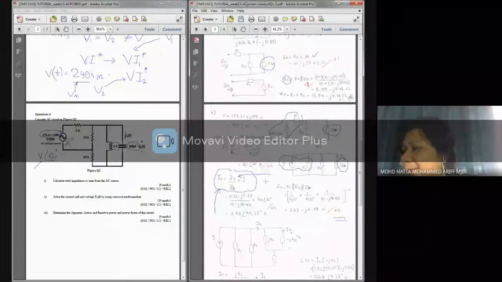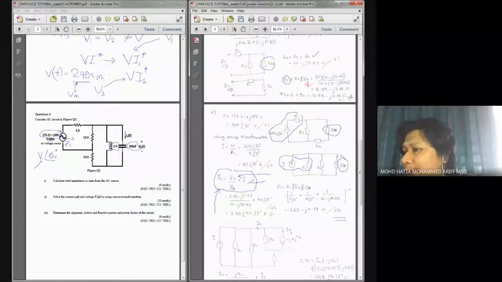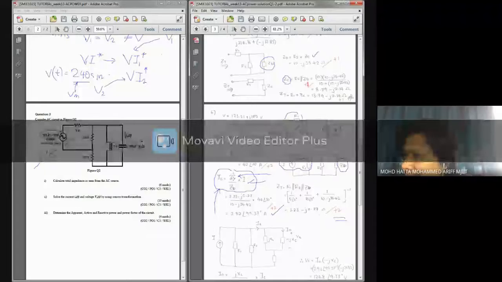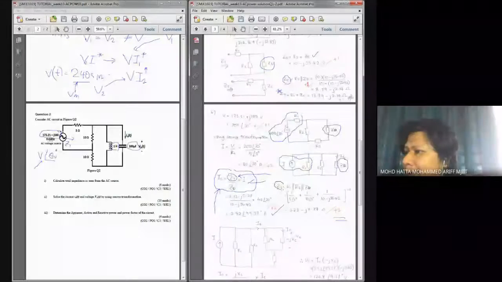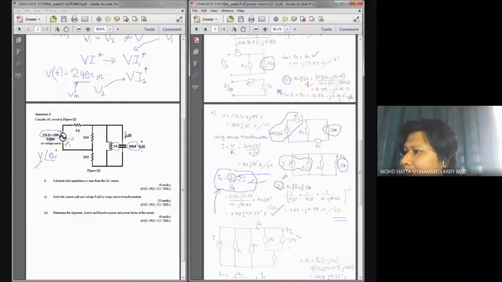we will consider this equation. So that's why I am also considering about 2 marks over here. So you need to use this formula. Just remember that Z total that you see here is not the same as the one you found over here. Okay, not the same, because this Z total is given by this equation based on the simplification of this circuit.